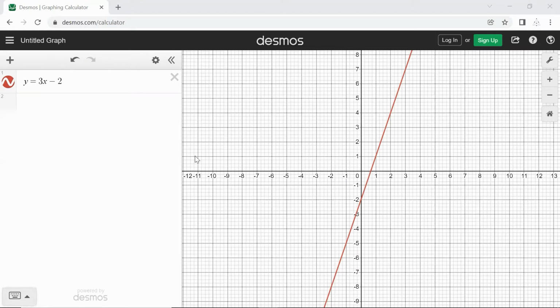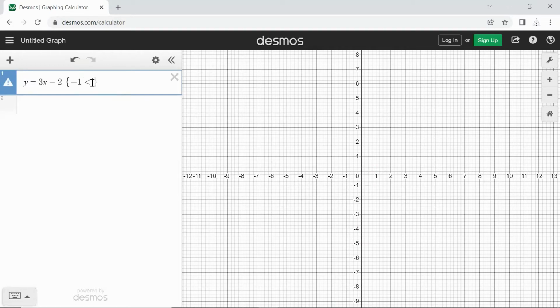Let me go ahead and do this only on the interval from -1 to 3. If I only do this on -1 to 3, you can see the line segment I'm looking at. I want to find the signed area.